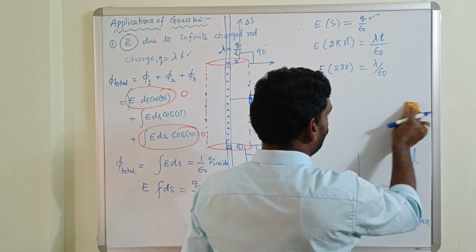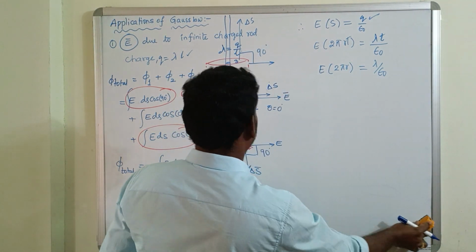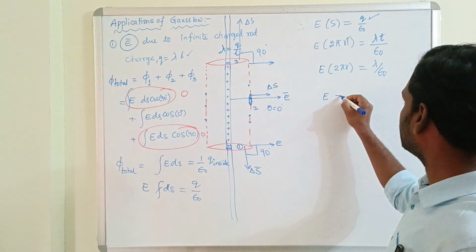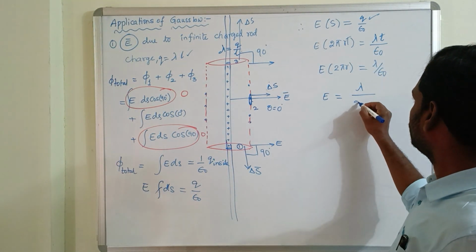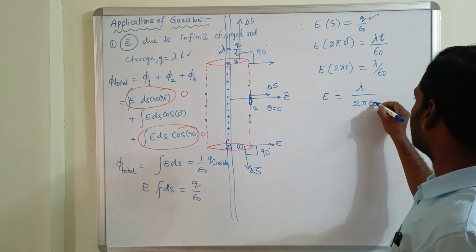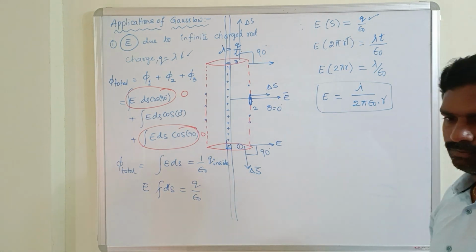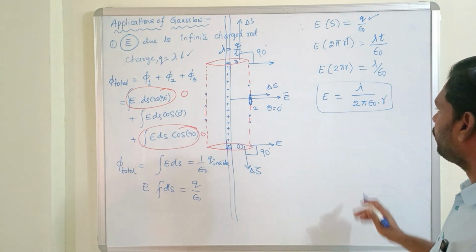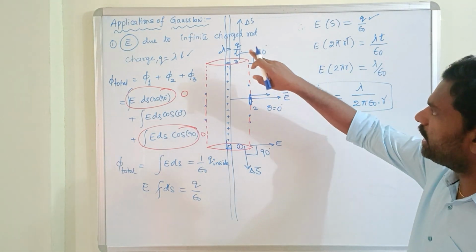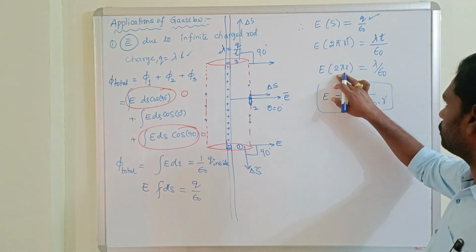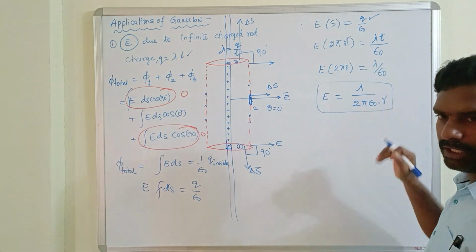Now the electric field due to a charged wire of infinite length is equal to lambda by 2 pi epsilon naught r. The 2 pi r came, 2 pi epsilon is there, 2 pi epsilon naught r.